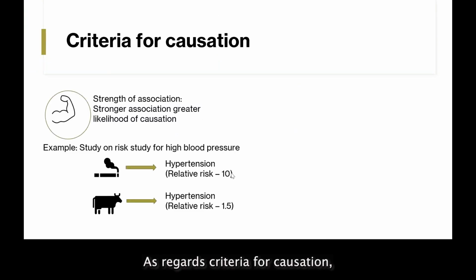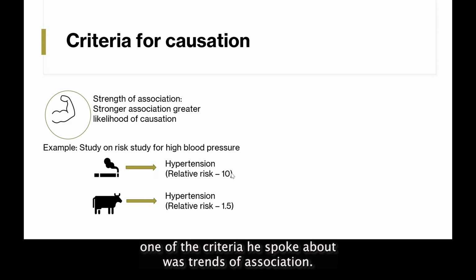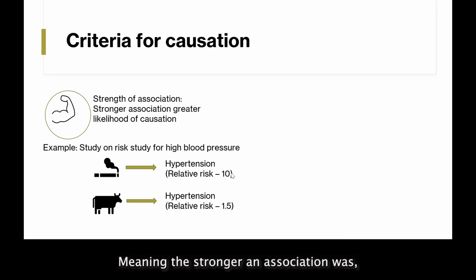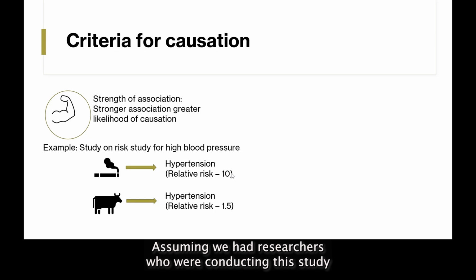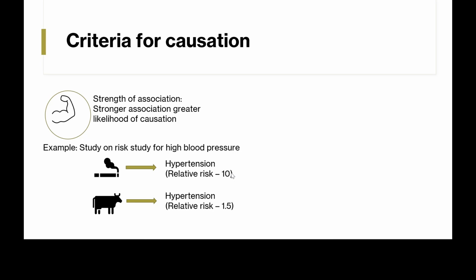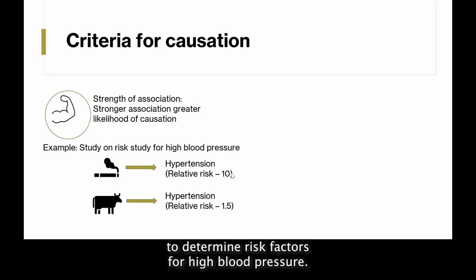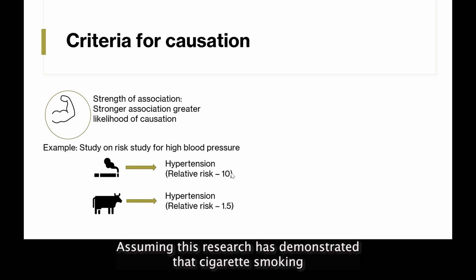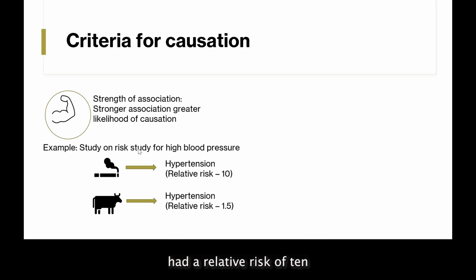As regards criteria for causation, one of the criteria Hill spoke about was strength of association, meaning the stronger an association was, the greater the likelihood for causation. Let's look at an example. Assuming we had researchers who were conducting a study to determine risk factors for high blood pressure. Assuming these researchers demonstrated that cigarette smoking had a relative risk of 10 with hypertension as the outcome.